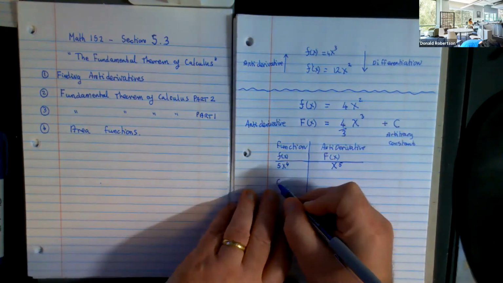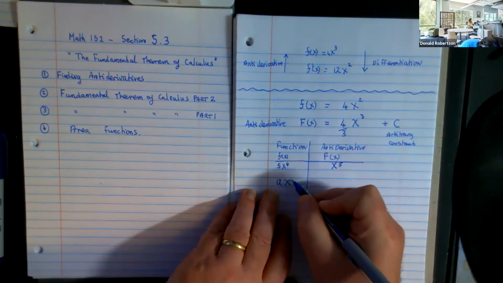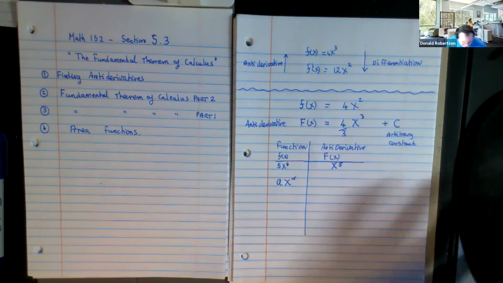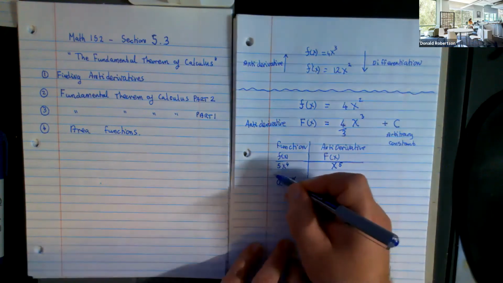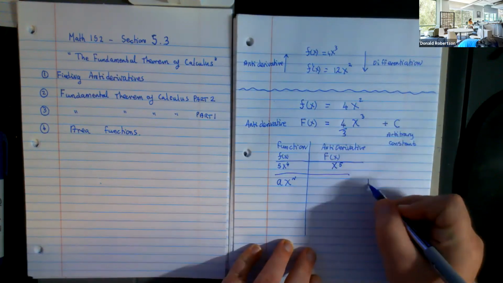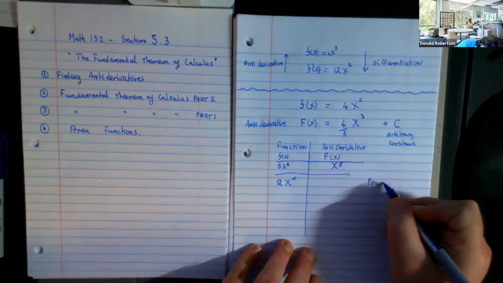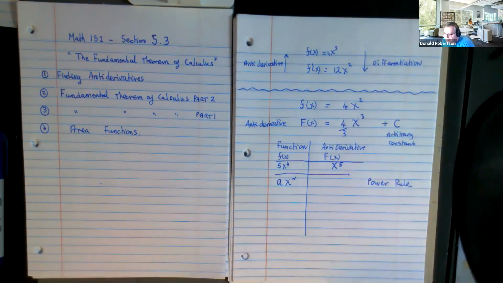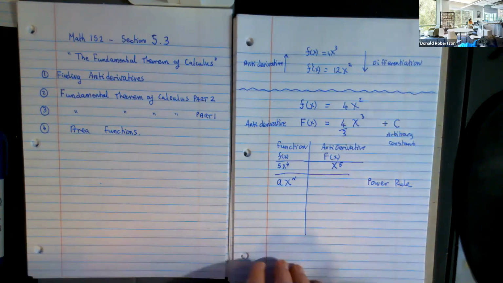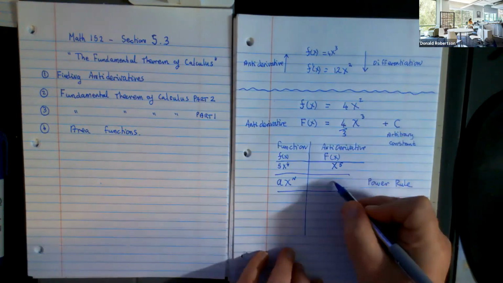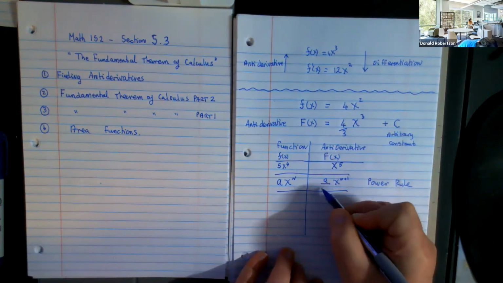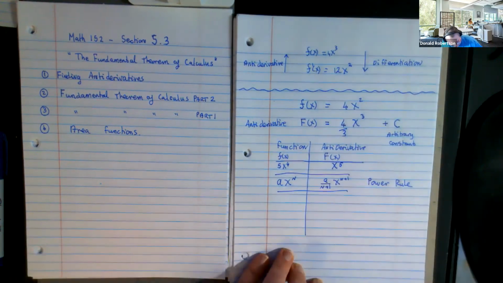So in general, if you want to find the antiderivative of any multiple of a power of x, right, a 5x cubed, 4x squared, there is a rule, it's actually called the power rule. So it's got the same name that the power rule in differentiation has, but it's a different rule. You add 1 to the power, and then you divide by the new power.